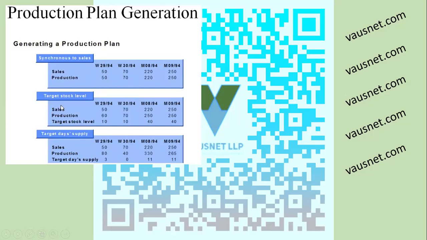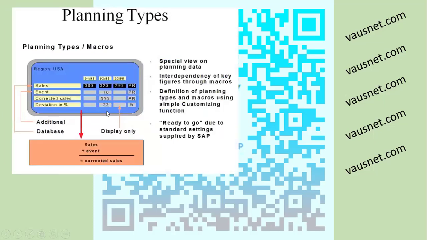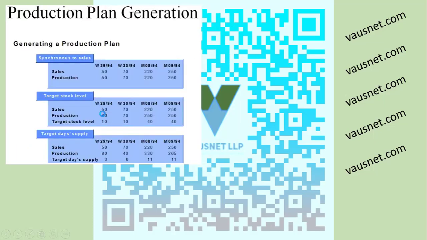That's synchronous. Now, target stock level is that your sales forecast will be 50, but you actually create 60. So you have a reserve stock level, target stock level of 10. Okay. Now, then you sold 50, but in the next month you sold 70. So 10 is consumed over here. Okay.